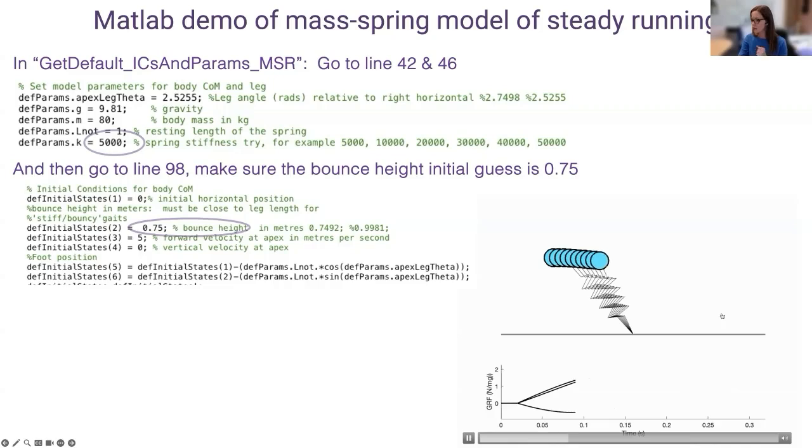So now we're going to go back to our code and change it one more time. Okay, so if we go back to our initial conditions and parameters code, now I'd like you to change stiffness by adding a 0, so change it to 50,000.